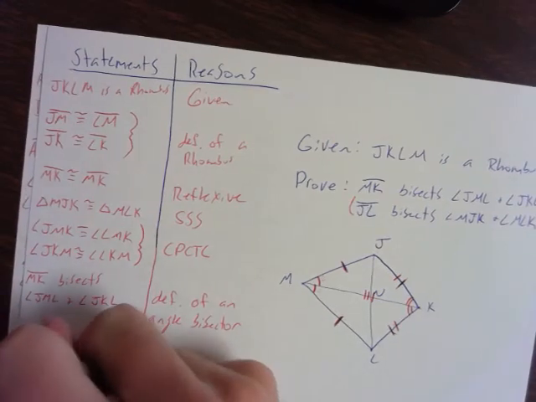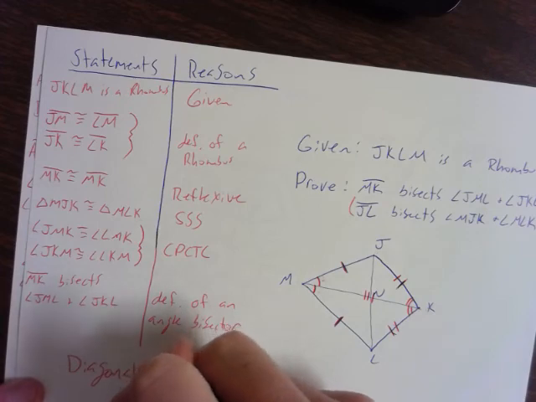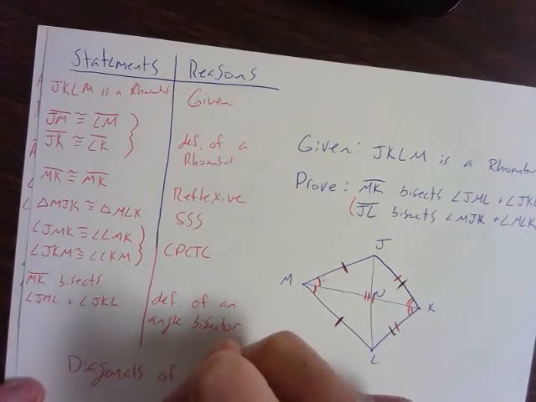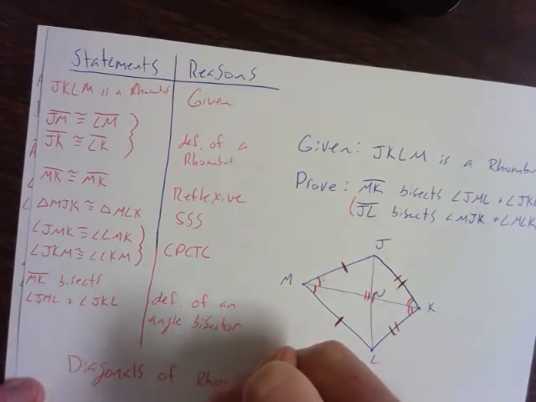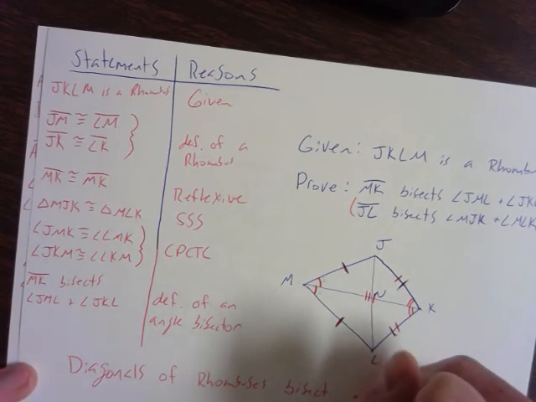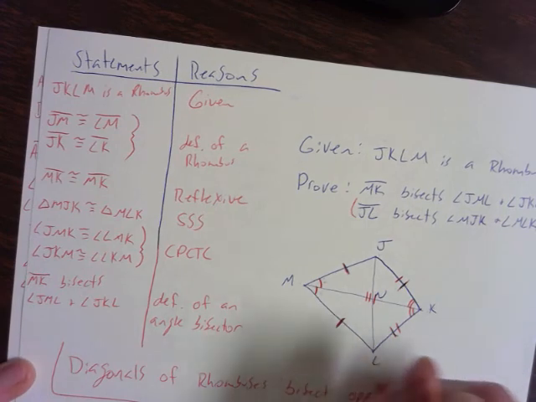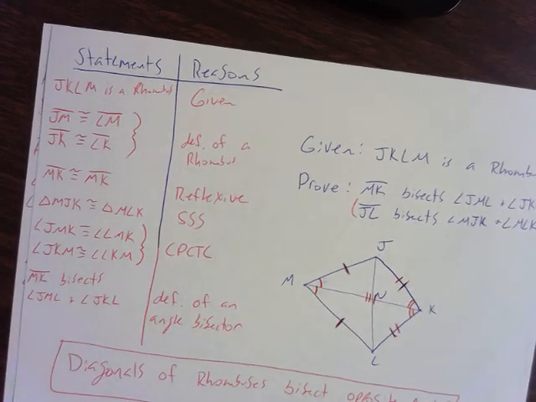So to keep it in the same terminology, I'll say that diagonals of rhombuses bisect opposite angles. So once again, we can now use this as a proof for following statements as well.